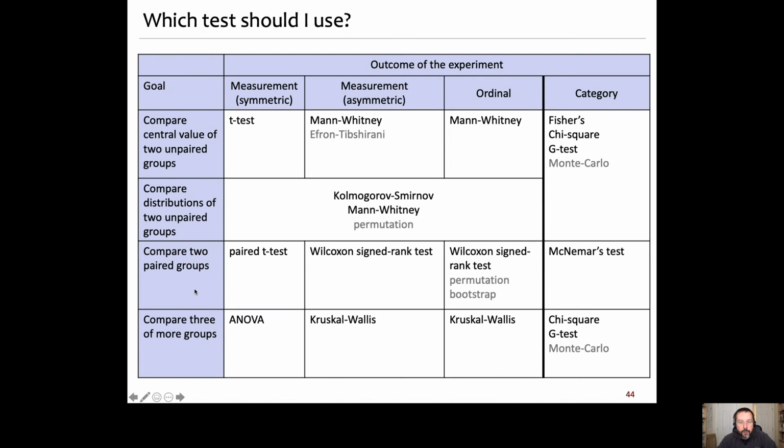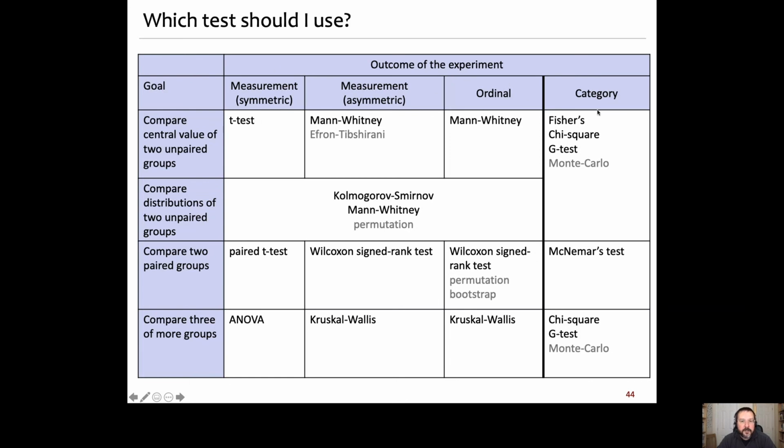This is a table for you to copy and keep. It tells you which statistical test you should use depending on your data and the goal of your experiment. The outcome of your experiment can be a measurement, which is either symmetric or not symmetric. This would be roughly normal or not normal.